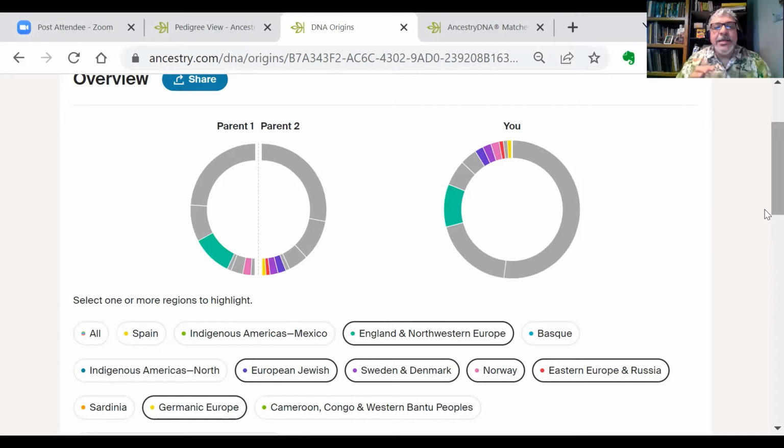So again, let's look at this. It's obvious that I have more non-Hispanic ancestry on one side than on the other side. It's over about 14% on this side and probably around 8, maybe 6% on that side.